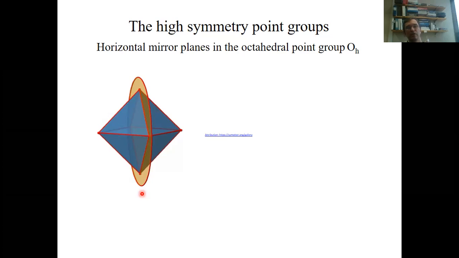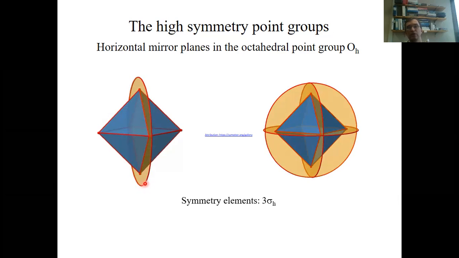So how many of the horizontal mirror planes do we have to consider? Well, we need to have as many as we have principal axes. We had 3 principal axes, so we should have 3 horizontal mirror planes. And you see them now all 3 here. They go through the 3 squares which define the octahedron, as I said before.